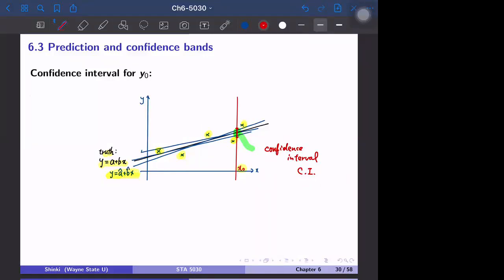So we have to be given the sample size, otherwise a larger sample size gets a more accurate line. But given the data size, this is the definition of the confidence interval. So the 95% confidence interval includes 95% of the intersections of x is equal to x0 and the regression line, the blue line.